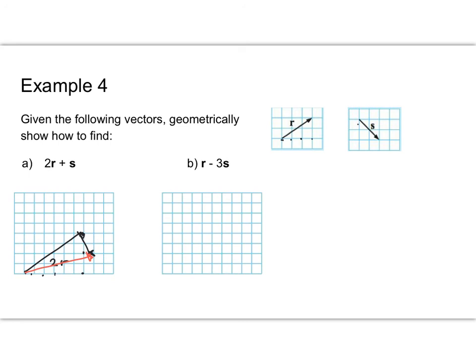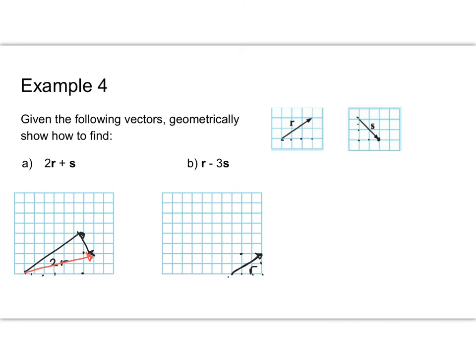Next example, r minus 3s. Okay. Let's see, r goes over 3 up 2. So let's go over 3 up 2. So we'll make r here. I'm going to try to make enough room for negative s. I don't know if it's going to work, but negative s would start here. It would go left 2 up 2.